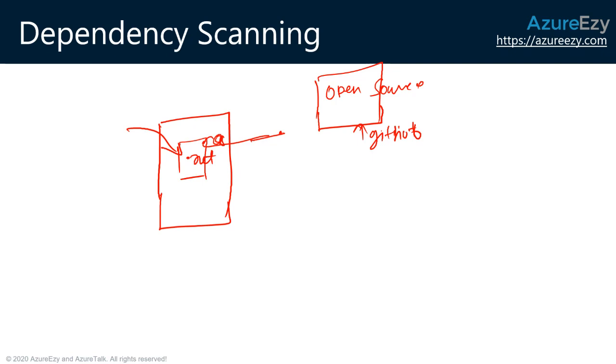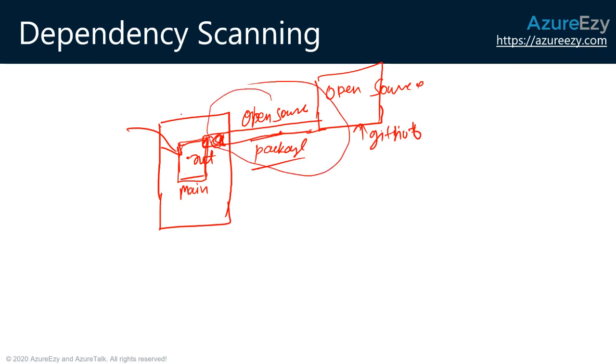Now when you are building software, this is your main application, and a part of it is coming from an open source community, an open source package, you can call it. As a DevOps organization, you should be aware of these things, and you should be scanning and having the detail of what kind of packages are coming into your main application.